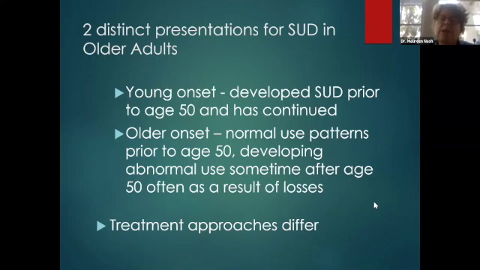And then the second set, which I think is larger, although we are still gathering data, is older onset substance use disorders. People who had a normal pattern of use prior to age 50, but something happened after age 50 and they developed abnormal use.